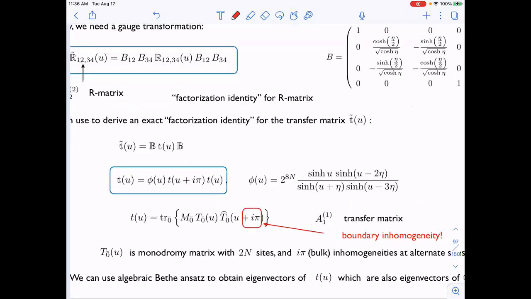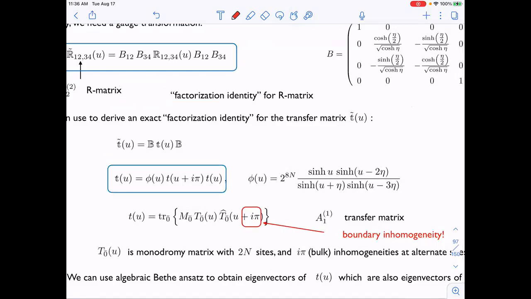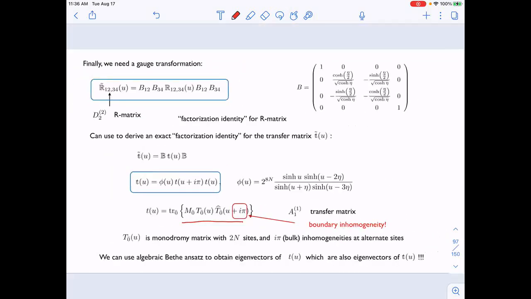But let me emphasize one more thing. If you were looking carefully, this is not quite what Sklyanin wrote, even for the special cases of the K matrices. There's also this funny shift here by i pi. And so this we'll call a boundary inhomogeneity. And it turns out to play a significant role in this business.